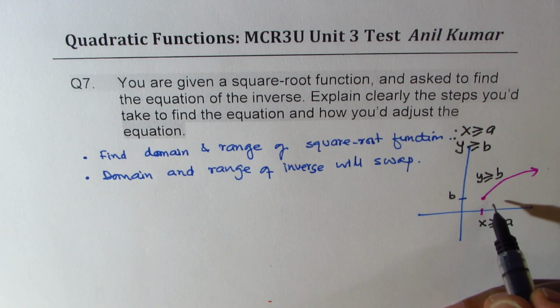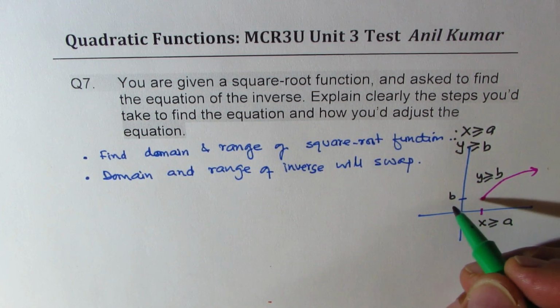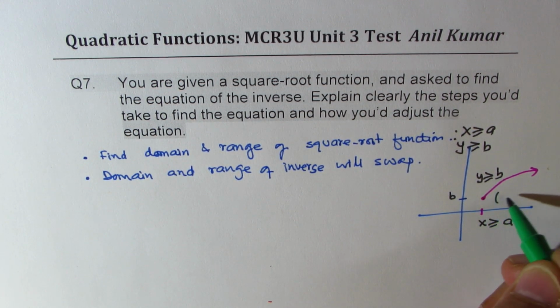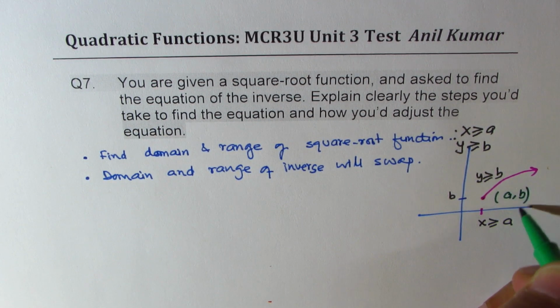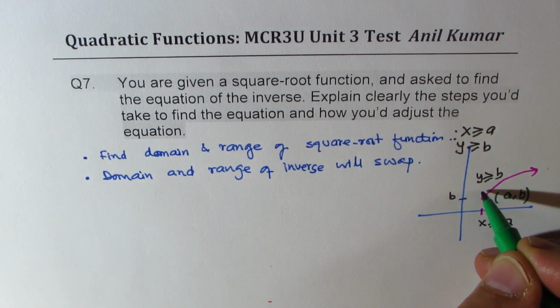So as far as the inverse is concerned, the inverse will be kind of what? For the inverse, this point, which is (a, b), will become (b, a), right? So it could be, let us say, somewhere here.